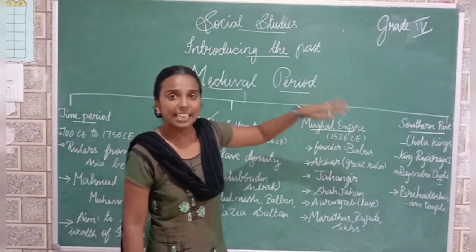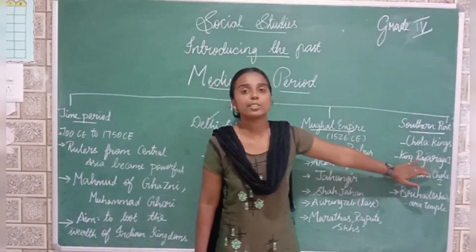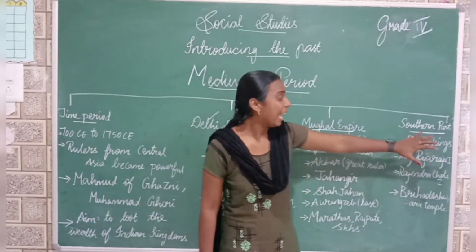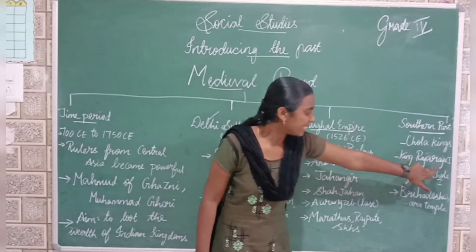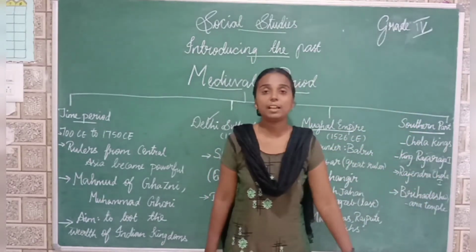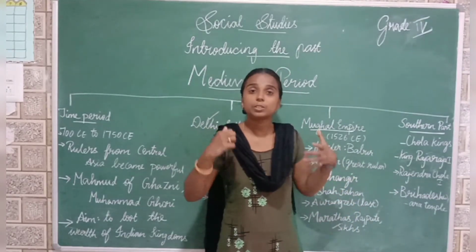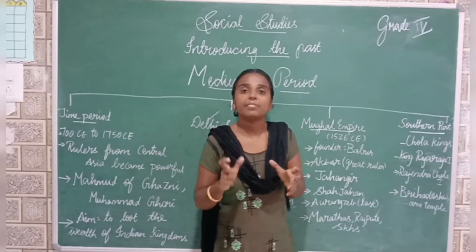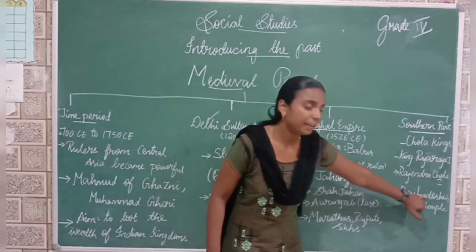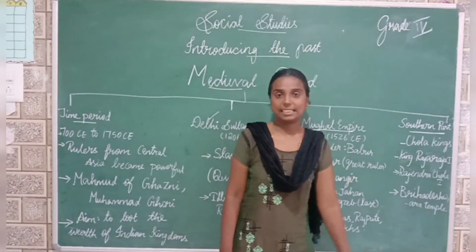And at the same time, in the southern part of India, Chola kings were ruling. The powerful rulers of this Chola kingdom were King Rajaraja I and Rajendra Chola I, and they showed more concentration on art and architecture. One of their best architectural works was the Brihadeeswara temple at Tanjore.